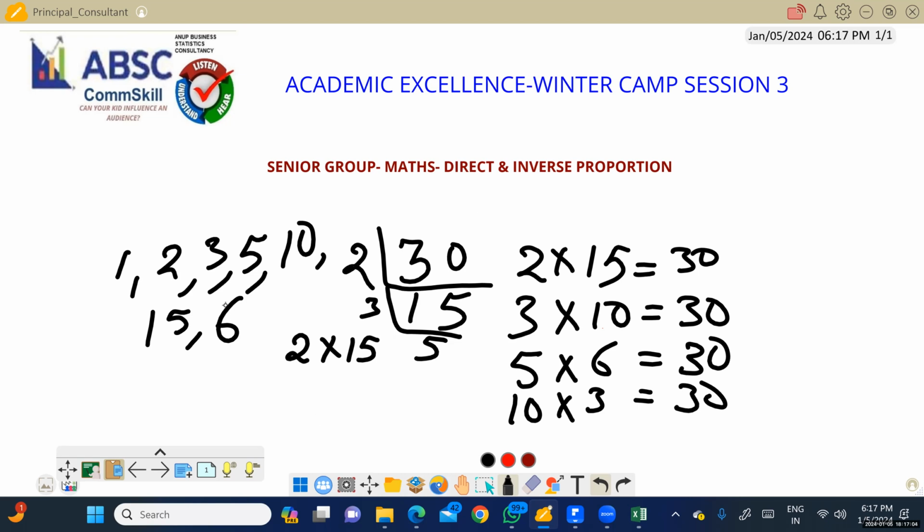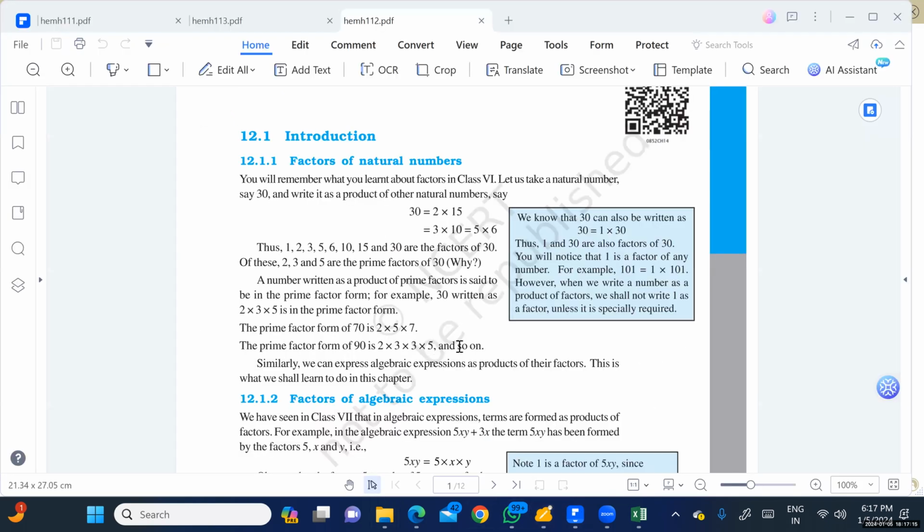Out of these, 2 and 3 are prime numbers, they are prime factors. You can see 1, 2, 3, 5, 6, 10, 15, 30 are the factors of 30.